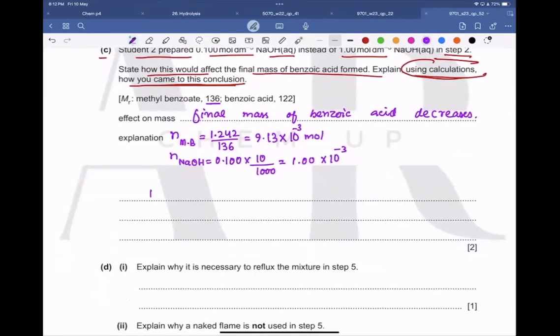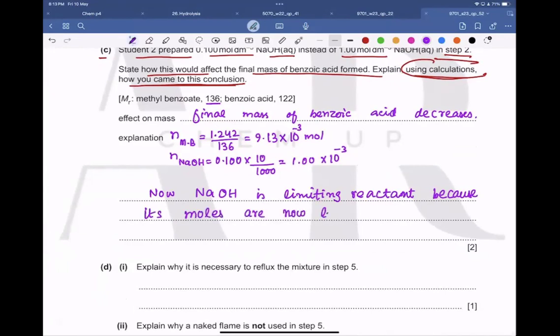So I'm going to write now: sodium hydroxide is the limiting reactant because its moles are lesser than moles of methyl benzoate, C6H5COOCH3.